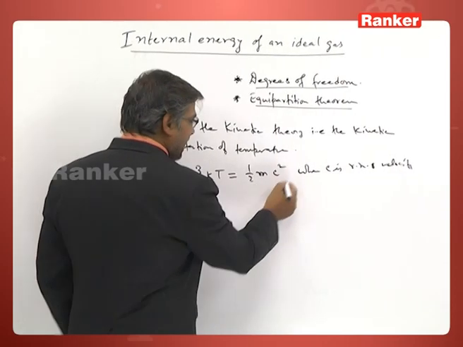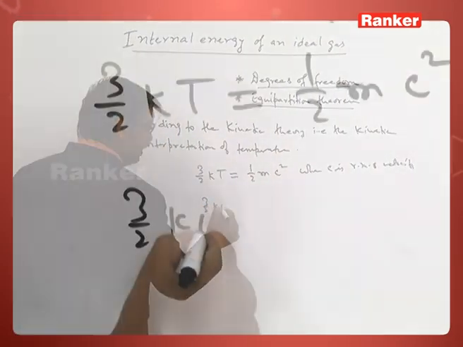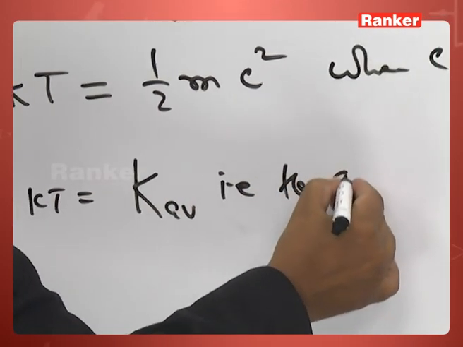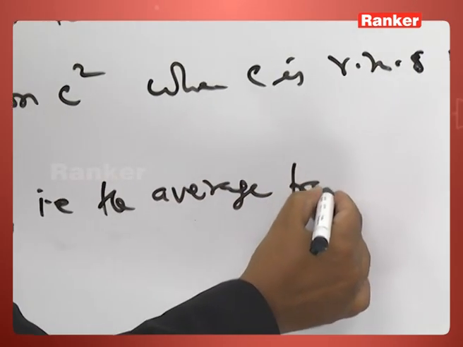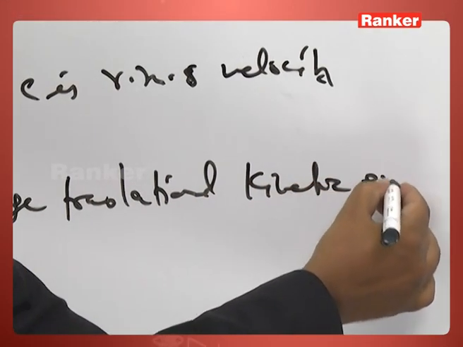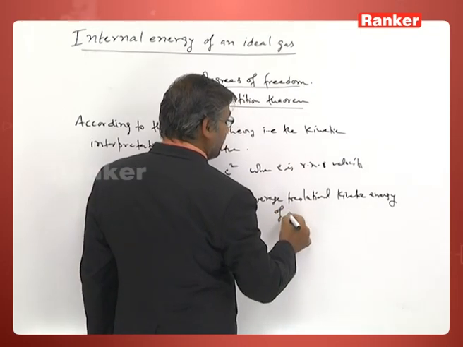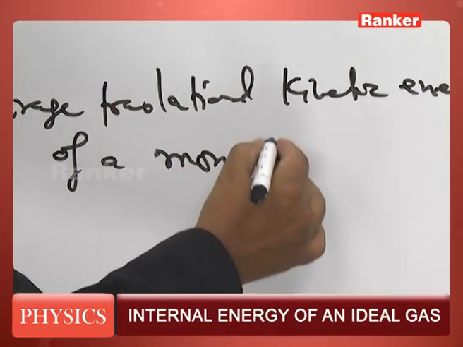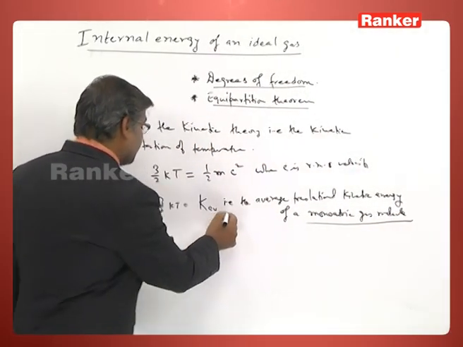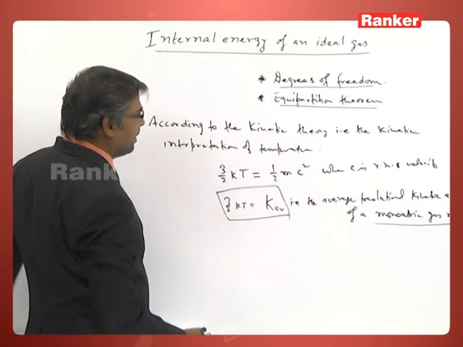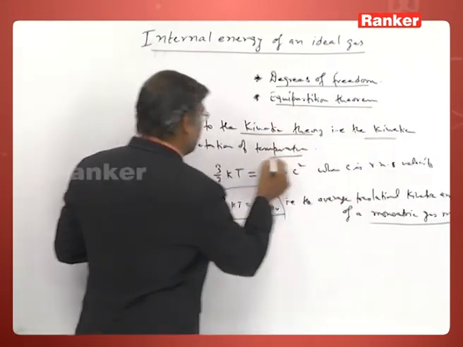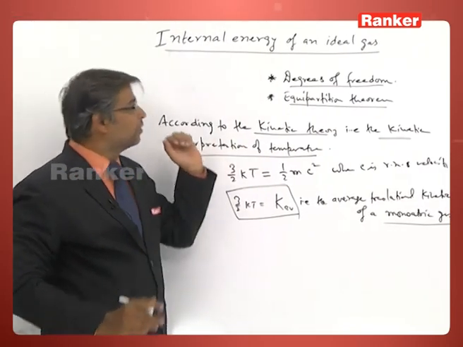That is, 3/2 kT is equal to K average, i.e. the average translational kinetic energy of a monoatomic gas molecule. So, this is the average kinetic energy of a monoatomic gas molecule as predicted by kinetic theory, which we have already covered in our first session of kinetic theory.